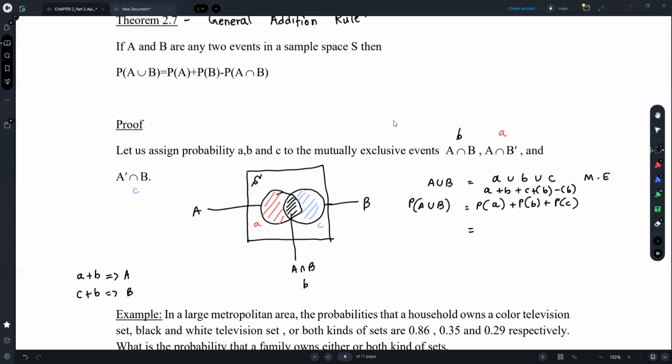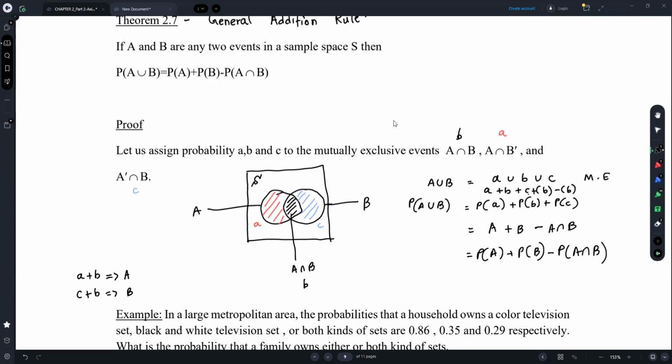A and B, you have capital A. B and C here, you have B. And then you subtract B, that is A intersection B. So you get probability of A plus probability of B minus probability of A intersection B.